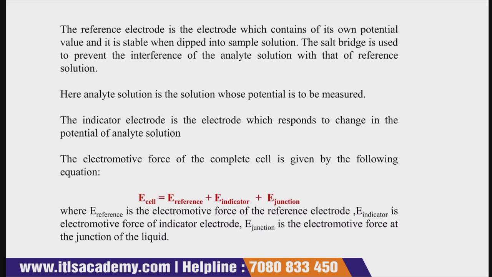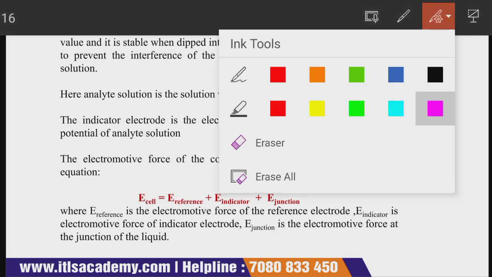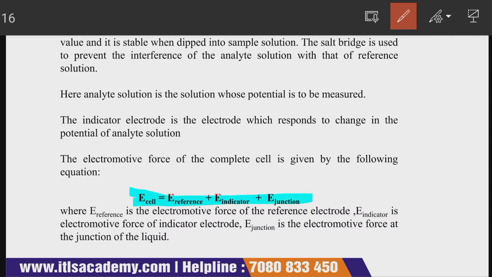Okay, so the electromotive force of the complete cell is given by the following equation. The electromotive force applied to the cell is given by this equation: E cell is equal to E reference plus E indicator plus E junction.